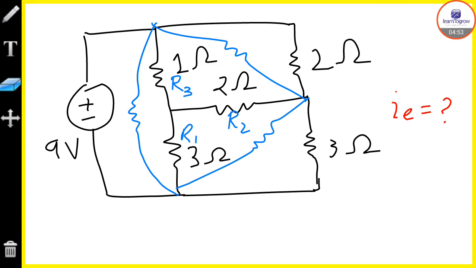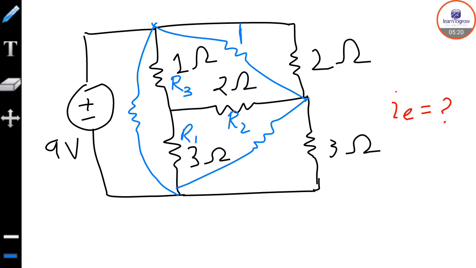We can take any R1, R2, R3 and RA, RB, RC. But one thing to remember in this circuit is that RA should be adjacent to R1, RB should be adjacent to R2, and RC should be adjacent to R3. Let's say this is RA, this is RB, and this is RC.